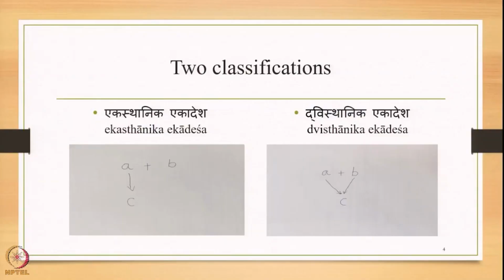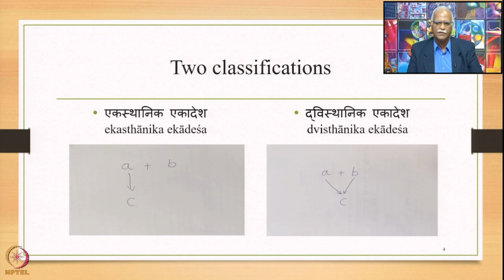We always stated, and I constantly repeated, that there are two classifications, ekasthanika ekadesha and dvisthanika ekadesha. And we kept on studying these two diagrams.